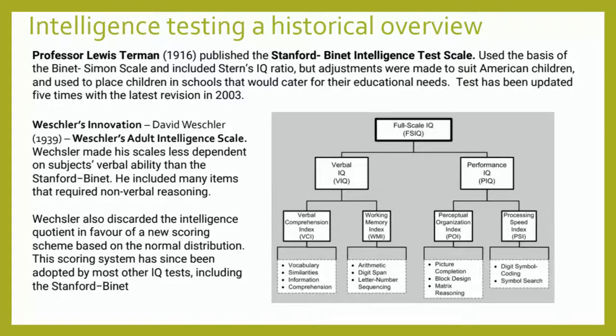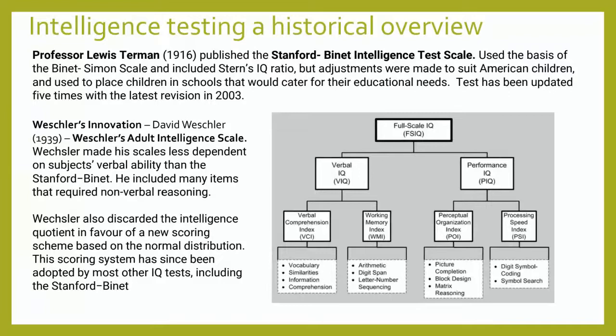It has formed the continual basis for IQ testing, and it's been revised a number of times, with the latest revision in 2003. So it is still very much in effect, but it has been updated and made more standardized across different populations.